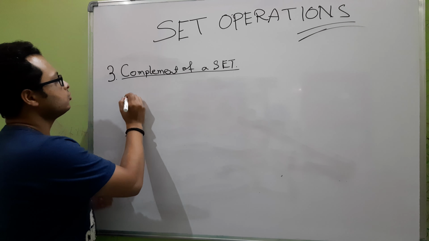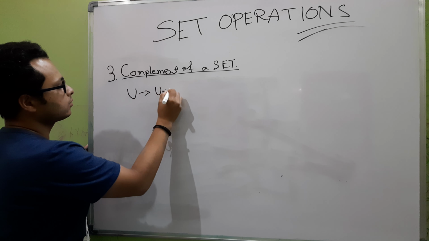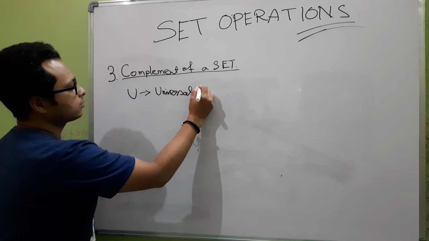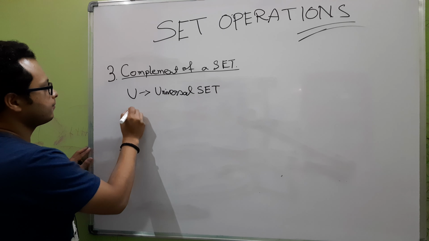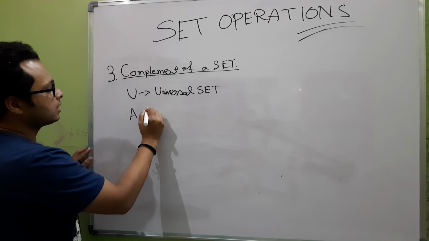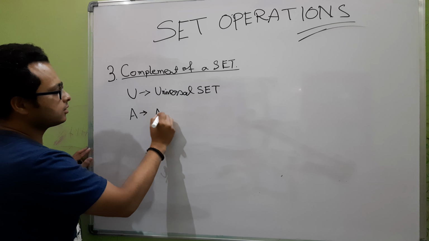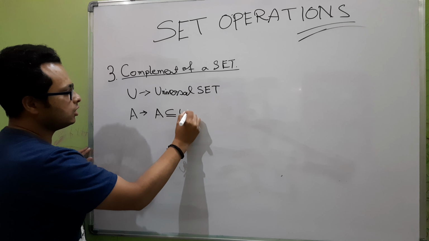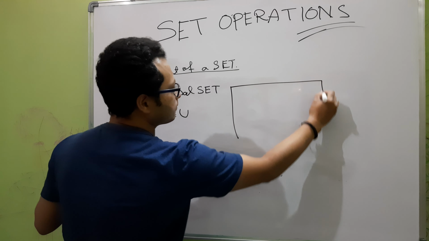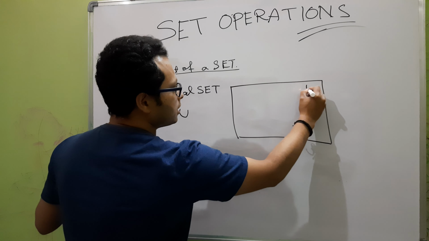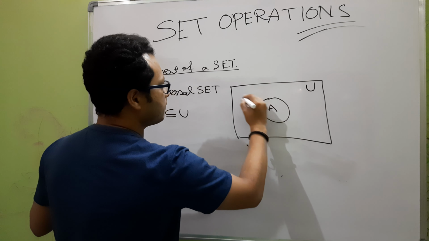Let's take U as a universal set, and A as a set under the universal set. A is a subset of U. We represent it like this: this is the universal set and this is the set A.